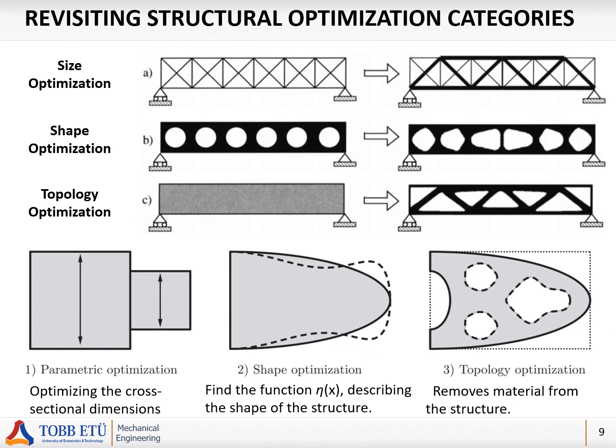Finally, if we want to revisit the structural optimization categories, now we can use these gradient-based optimizations for these different alternatives. Usually gradient-based optimization is used for these, and you can, for instance, use the MATLAB optimization toolbox as well, like fmincon, with some constraints for size optimization, shape, and topology optimization.